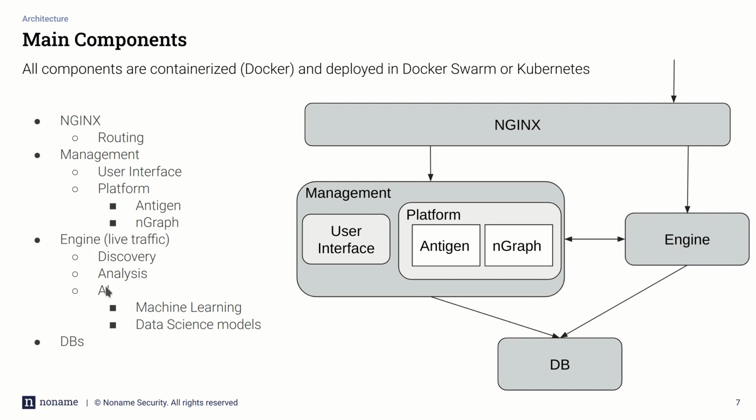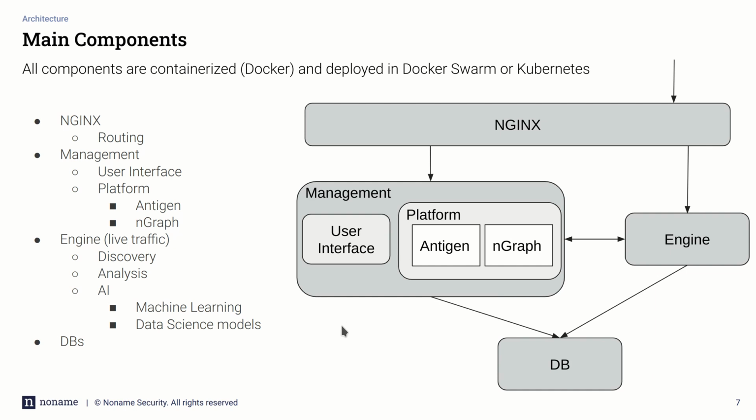By the way, this is where AI is at. What do I mean by AI? Well, we have machine learning and data science models under the hood that capture that normal behavior. We'll talk more about this in a few slides. And of course, we have databases in order to store information for the sake of posterity. So these are the main components.